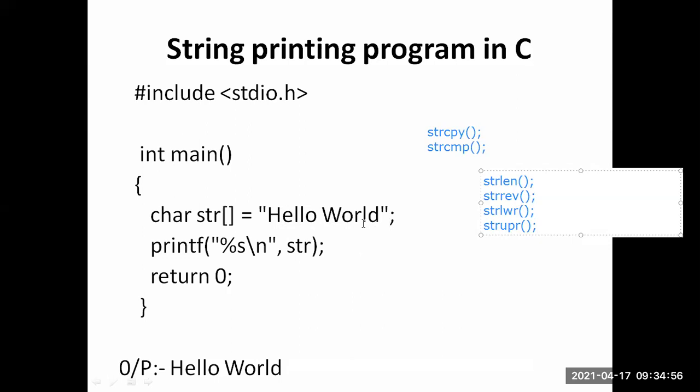Next, the last one is strcat. String cat means you merge two strings. So we have hello world, and CR Reddy is another string. So merge hello world and CR Reddy by using strcat.